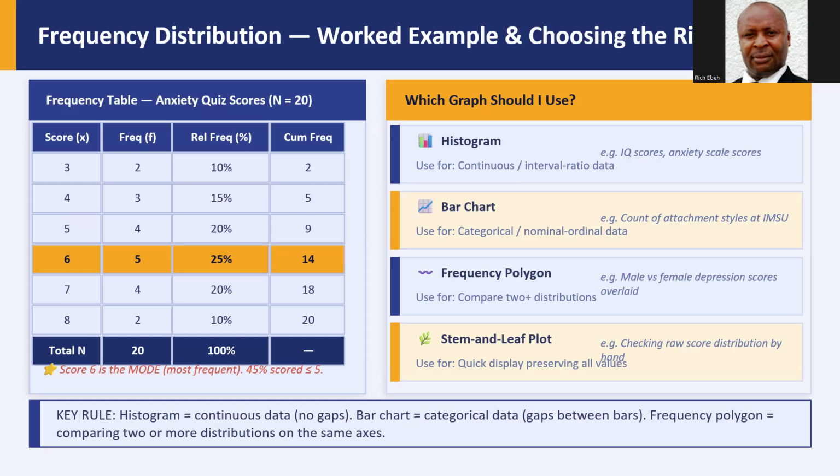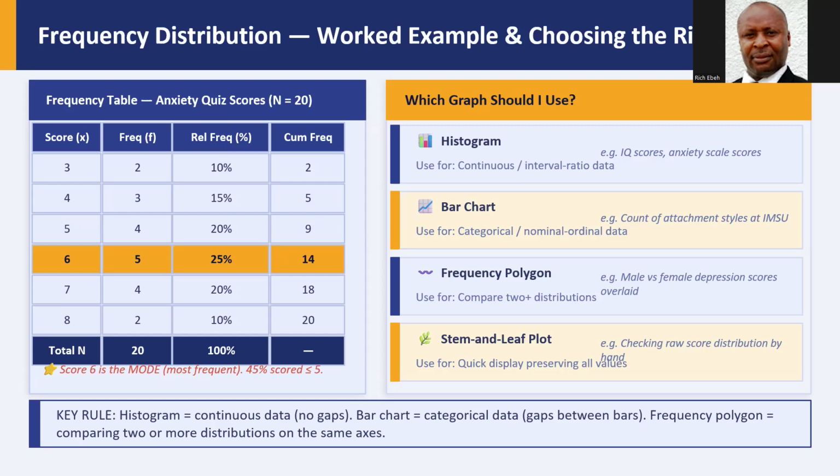Then we have cumulative frequency. Cumulative frequency has to do with the addition of the frequency. The first frequency score there is 2. And you add 2 to 3, the second frequency score, you get 5. And you add 5 to 4, which is the third frequency score, you get 9.